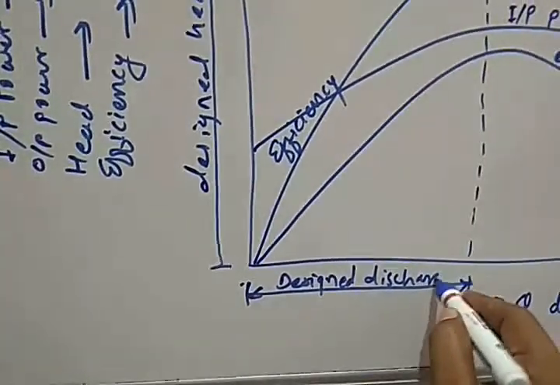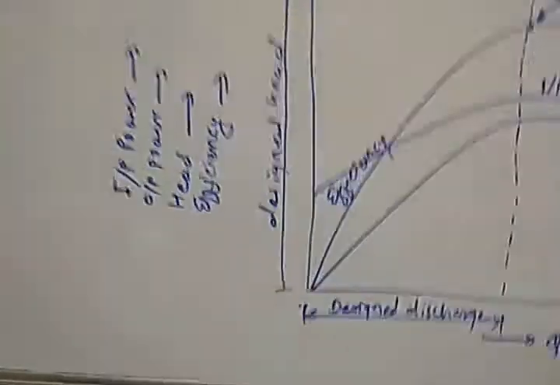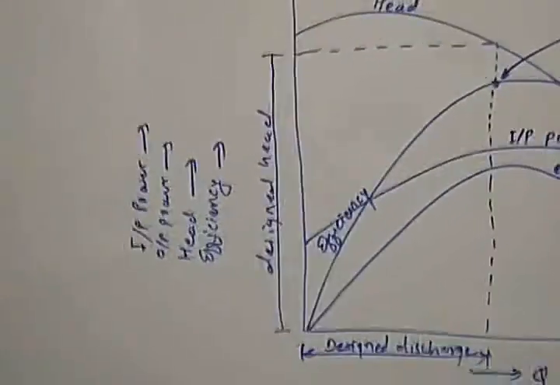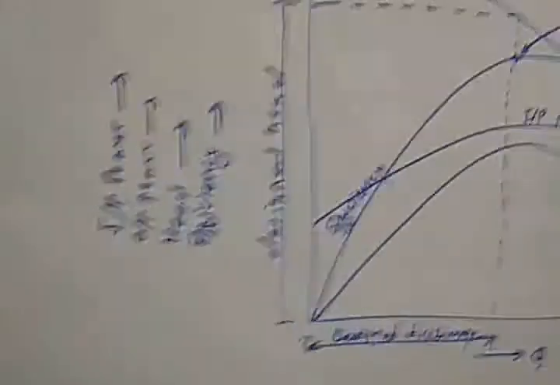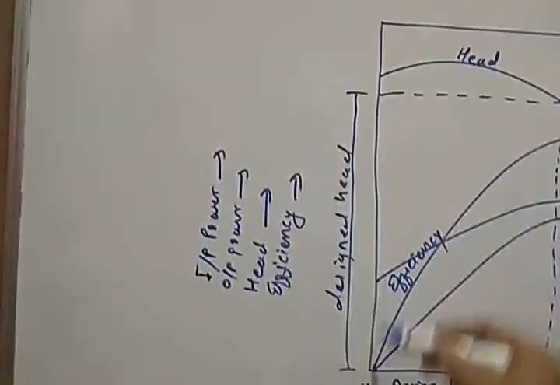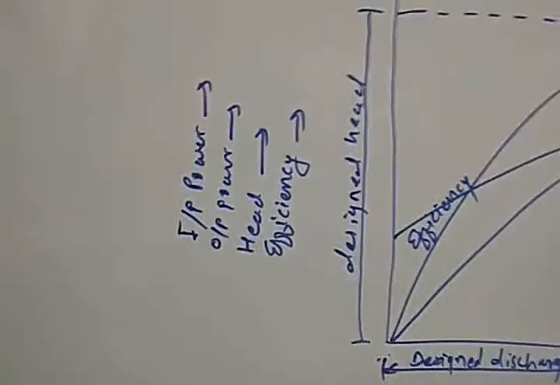It is also known as the normal head or the normal discharge. The total head with respect to zero discharge is known as the shut off head.